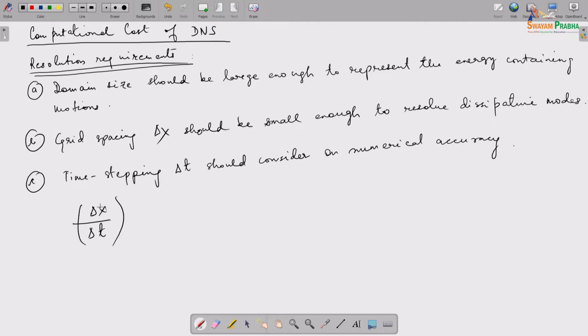Now, this will always have a limit, because for your iterations to be stable, you just cannot do whatever. So this ratio also needs to be maintained. That will depend on the kind of iterations one is trying to carry out. So that's basically the resolution requirements.